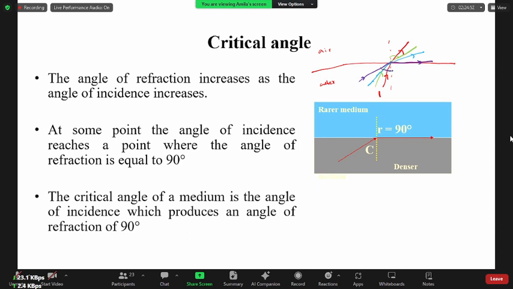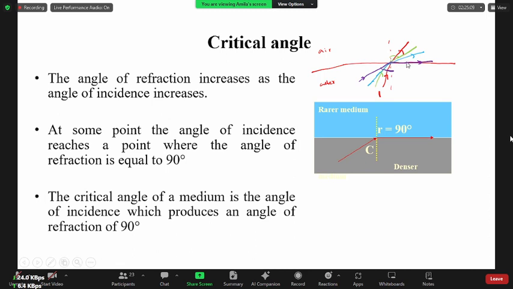So this angle we call the critical angle. At some point, the angle of incidence reaches a value where the angle of refraction is equal to 90.